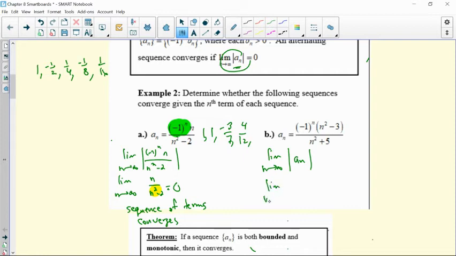So I just have to focus on the limit as n goes to infinity of n squared minus 3 over n squared plus 5. Well, here they have equal powers, so that limit's equal to 1. So this alternating sequence does not converge because its limit of terms does not go to 0. So then I would say that this sequence of terms diverges.